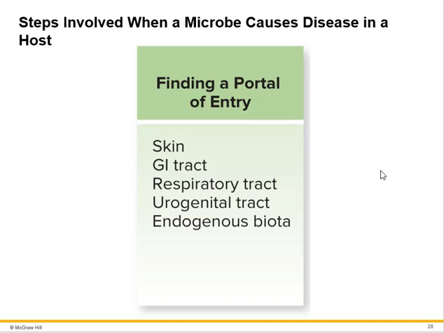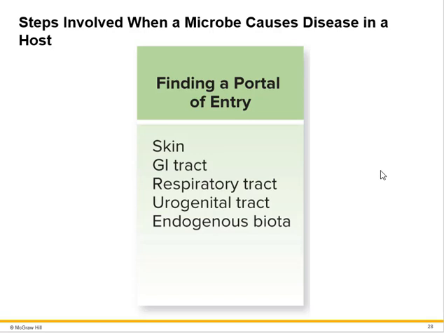And one thing I would note is that there are some bacteria and some organisms or entities, even a virus could be included in this, that have multiple portals of entry. They can come in through multiple ways. And sometimes the way that they come in determines the type of disease they're going to cause. Like if they come in through the respiratory tract, they're going to cause a respiratory disease, but not always.